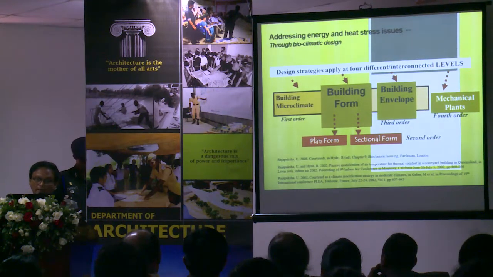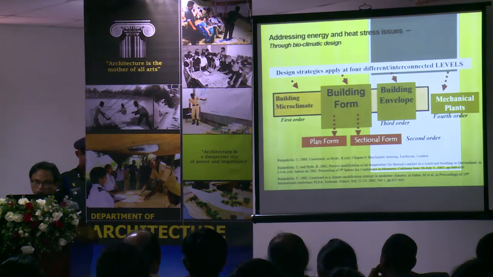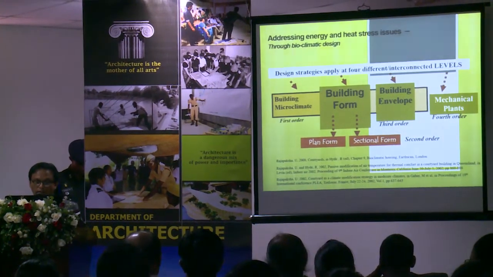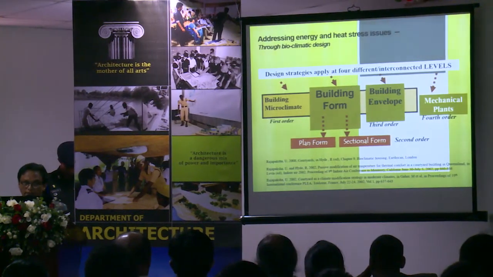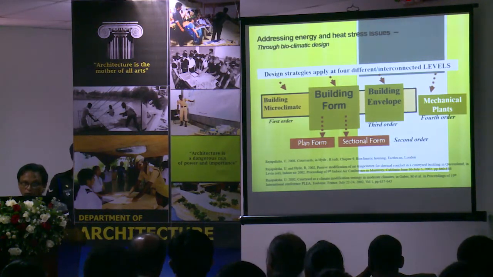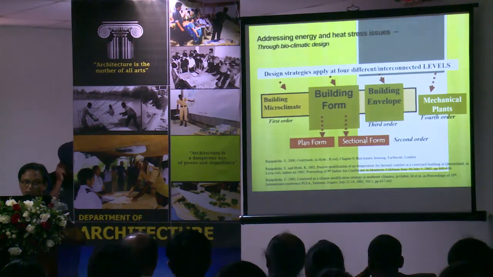And the building form, both plan form and sectional form, can be manipulated to minimize heat gain from outside and remove heat developed inside the building to outside. Thirdly, the envelope characteristics, the material characteristics and facade design, can help to completely avoid heat coming from outside, and also help to remove heat from inside to outside.